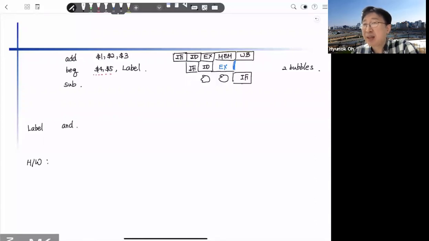Maybe we cannot eliminate these bubbles, but maybe we can reduce the number of bubbles, right? So here there are two bubbles. Is it possible to reduce one bubble? Yeah, we can. So how?